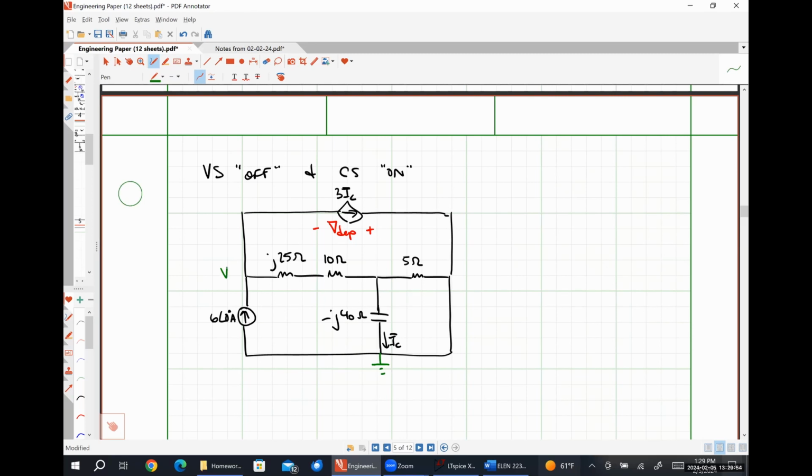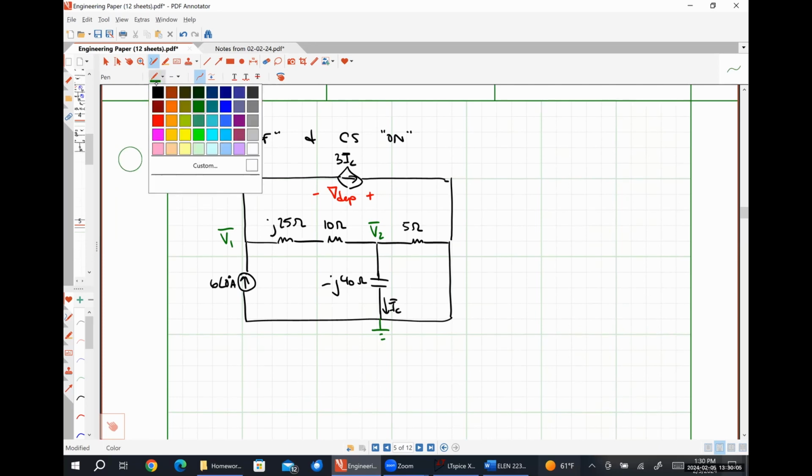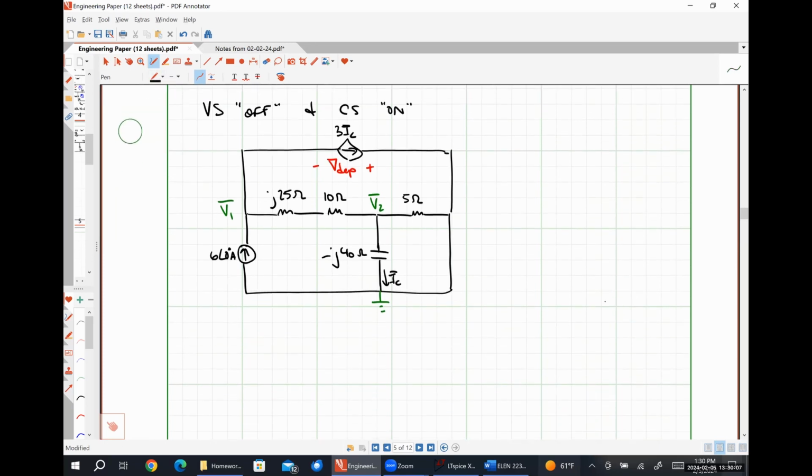I'm going to call this V1. I'm going to call this V2. So, KCL at node 1 is going to look like 3IC minus 6 angle 0 degrees amps plus V1 minus V2 over 10 plus j25.